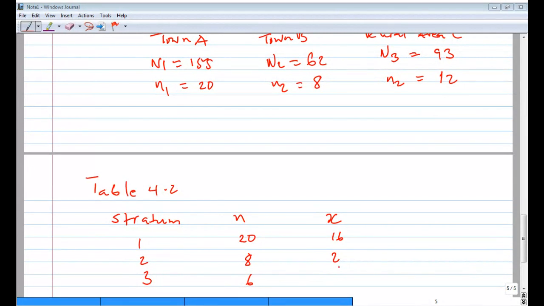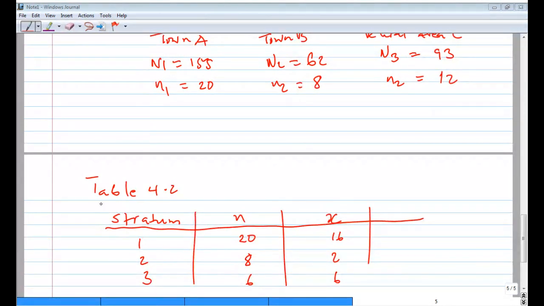For stratum number 3, there are 6. Okay. So those are the information given. So now we want to find the estimated population proportion. In other words, it is P i hat.